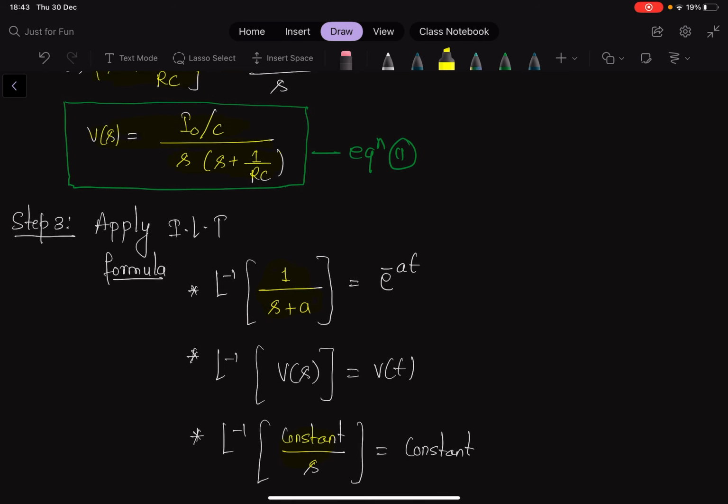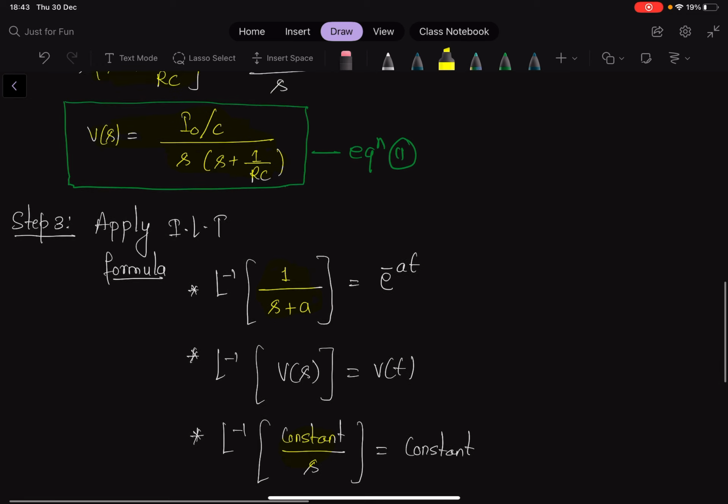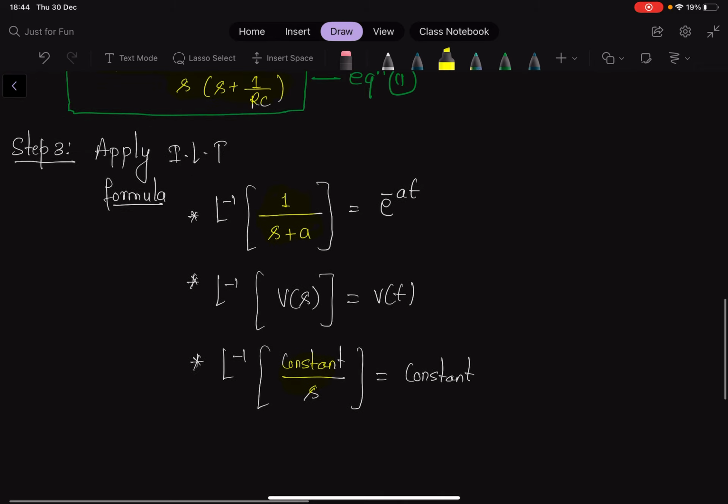We need to separate this complicated fraction, this main fraction, into two fractions between this and this. For that we are going to use partial fractions. It's very important. If you have done A level, or your bachelor's, then you should know how to apply partial fractions. Partial fraction is a technique which separates a complicated fraction into two fractions, and it's a very good technique. So we are going to use that.